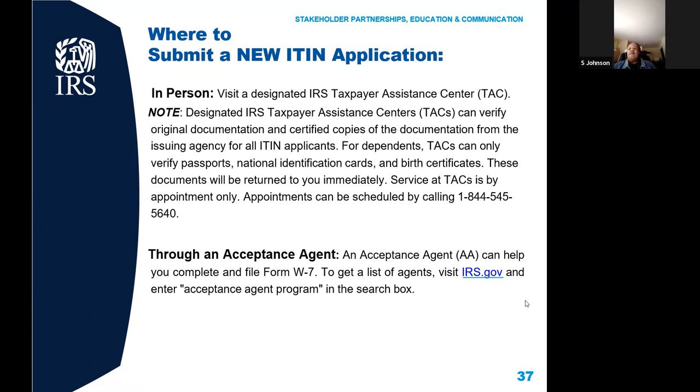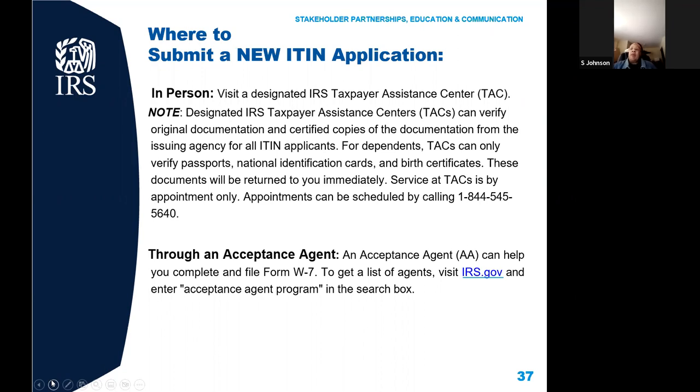They can verify the original documents and the certified copies from the issuing agency for all ITIN applicants. For the dependents, the tax office can only verify passports, national ID cards, and birth certificates. These documents will be returned to you immediately.